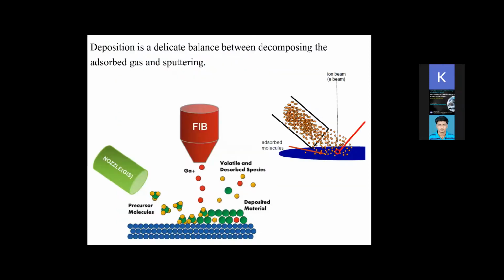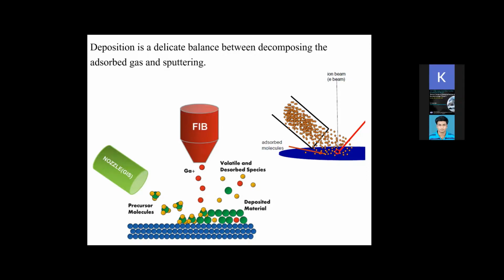What the gas injection system does is it incorporates some gaseous material inside your chamber near the sample surface. Whatever precursor gas you want to use, you will insert the injection system, which will have a nozzle just near your sample region, and then open the valve. The gaseous precursor will now cover the region above your surface.